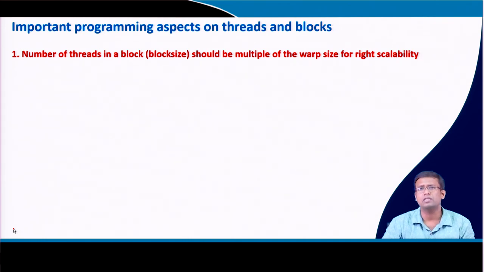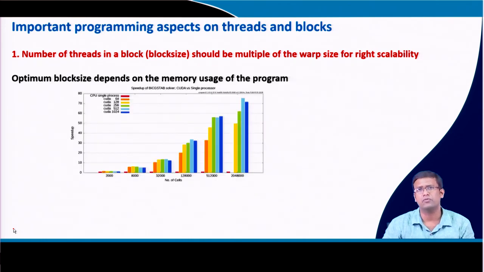Therefore, the block size must be a multiple of warp size, and we have seen that for one particular case there is a particular block size which gives better performance. Depending on block size, performance changes because thread scheduling and latency hiding vary. So the optimum block size must be a multiple of warp size.